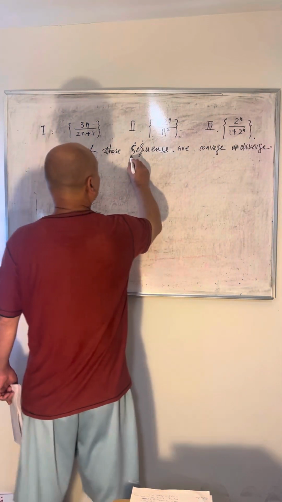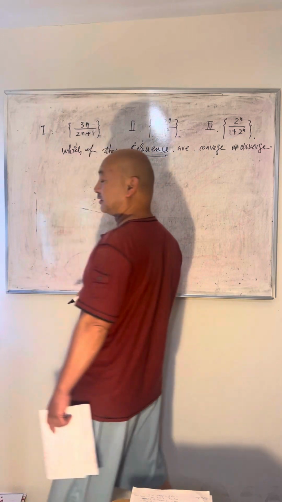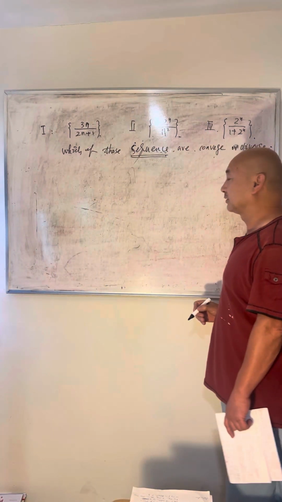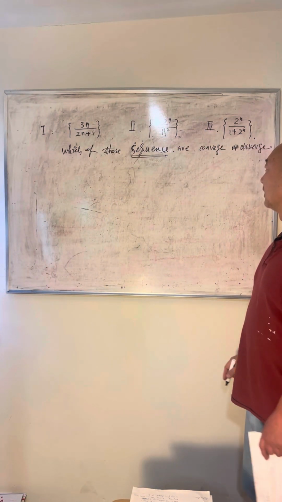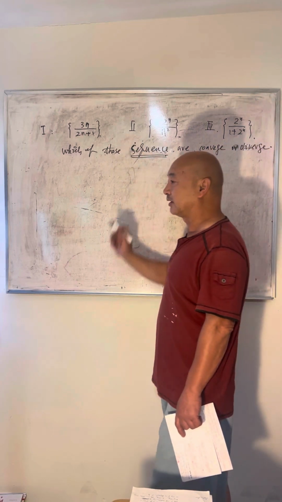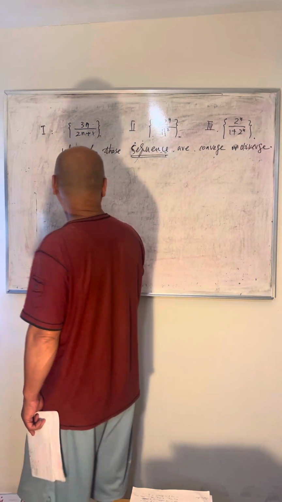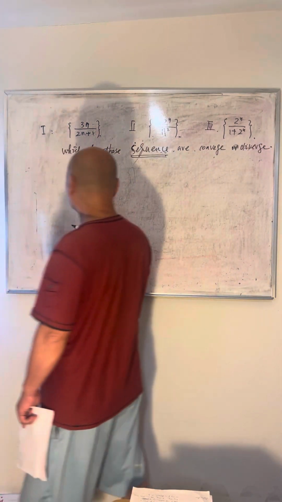A sequence is translated in Chinese as 数列. How do we determine whether a 数列 is 收敛 or 放散?